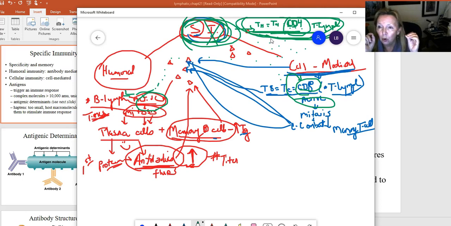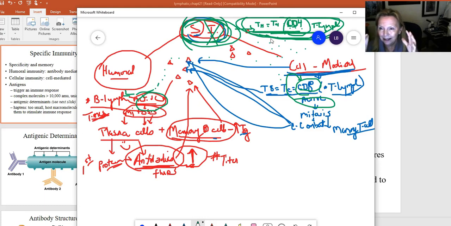AIDS stands for acquired, because you acquire the virus. It's an infectious disease. It's not autoimmune. It's a virus. Acquired immunodeficiency syndrome, AIDS. AIDS is caused from a virus called the Human Immunodeficiency Virus.